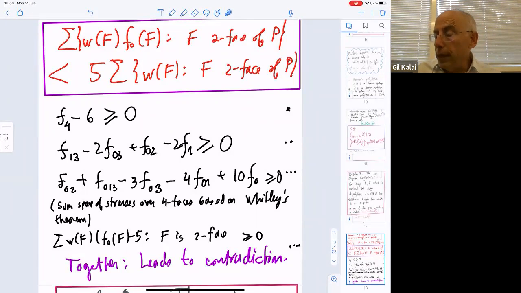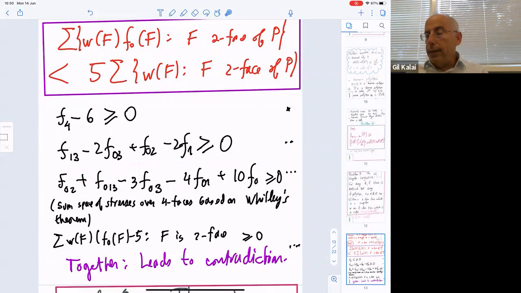And from this rigidity, you get an expression for the space of stresses, affine stresses, which I will not write here, but if you sum up these quantities over all four-dimensional faces, you get what's written here on the left-hand side.